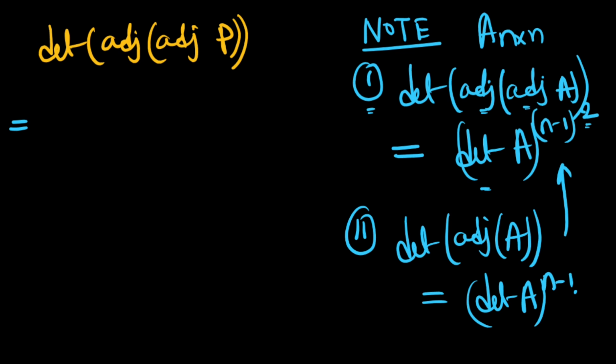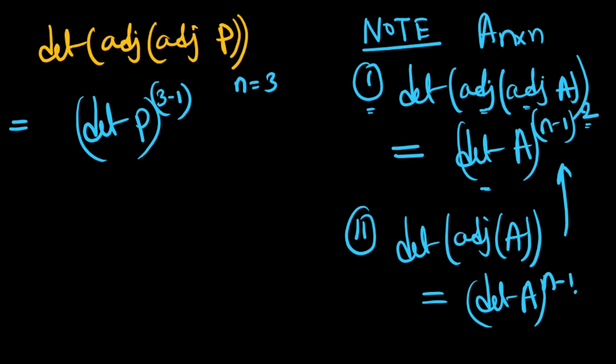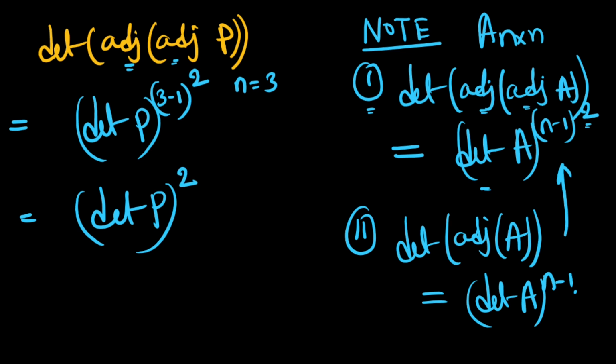So that is equal to determinant of P power n minus 1 whole power 2. Here P is a 3 cross 3 matrix, so n is equal to 3, and that's why 3 minus 1 whole power 2, because the adjoint is applied 2 times here. So that is equal to determinant of P power 2 power 2, which is determinant of P power 4.